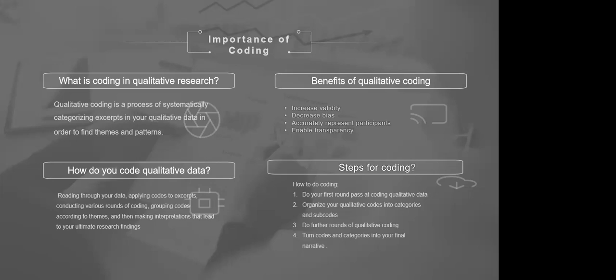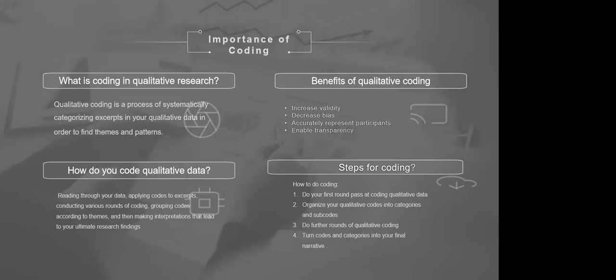So that is basically what coding is. It's just categorizing the qualitative data and trying to find the patterns and the themes, which are based on your research question.